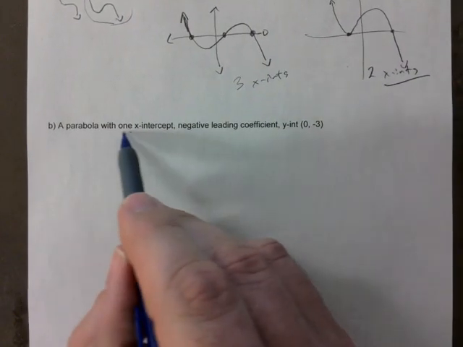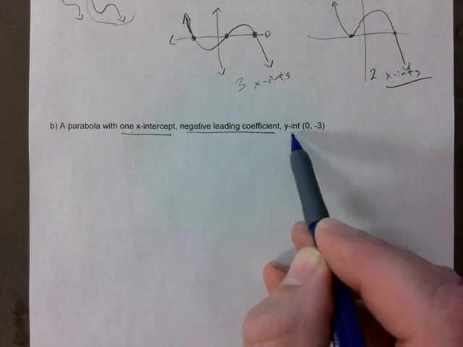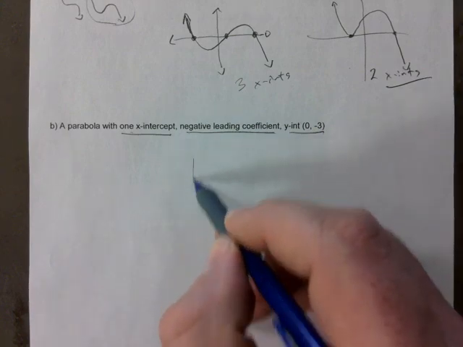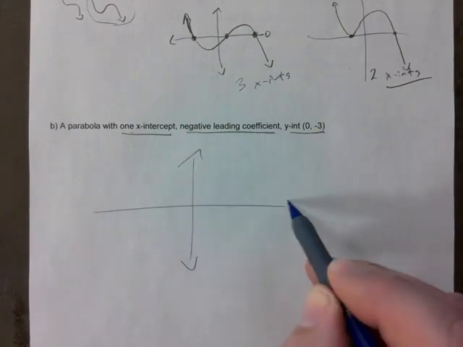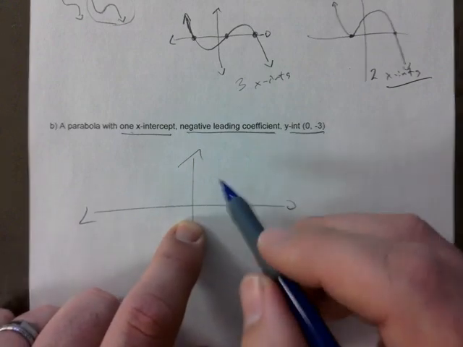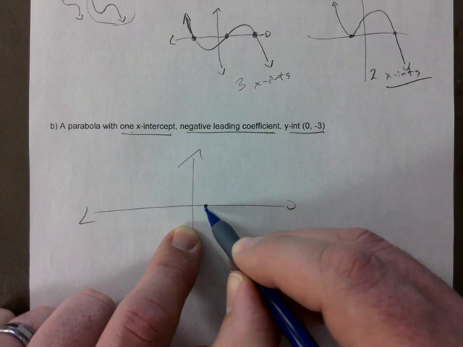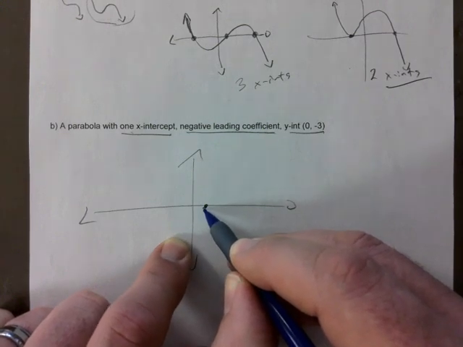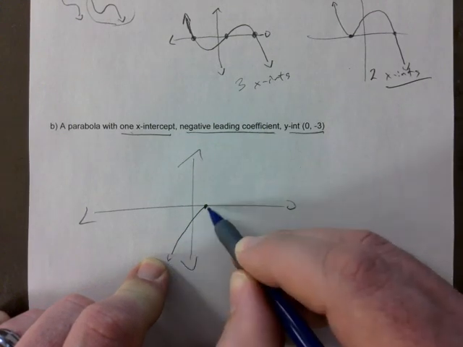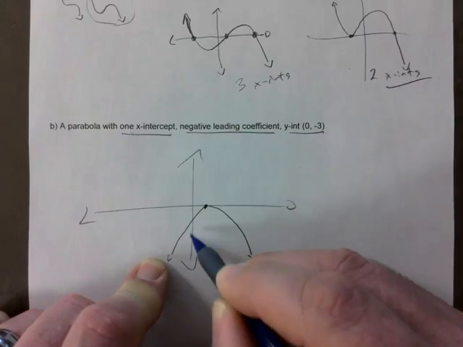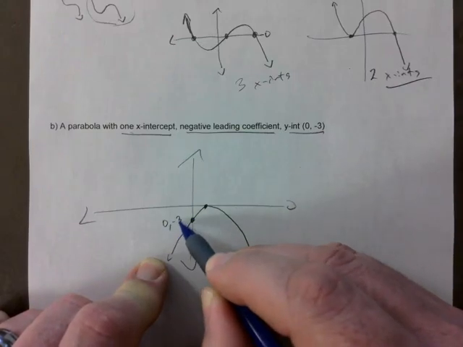A parabola with 1 x-intercept, negative leading coefficient, y-intercept of -3. Let's see how I make this work. 1 x-intercept. So I'll just make sure it touches here. That would be my vertex, and then it goes through -3 like this. So make sure you curve it. So this is 0, -3 there.